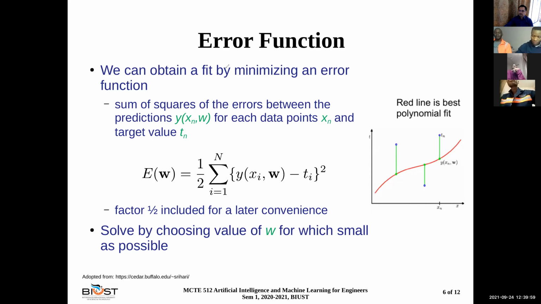So first, your error term is, of course, the value of the output on the graph itself, minus the target value, which is the value of the data. Remember, this is for the same x. For the same x, you have a target value, the measured value, against your estimated value.